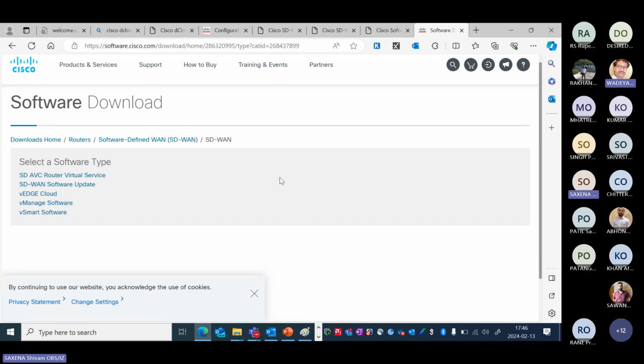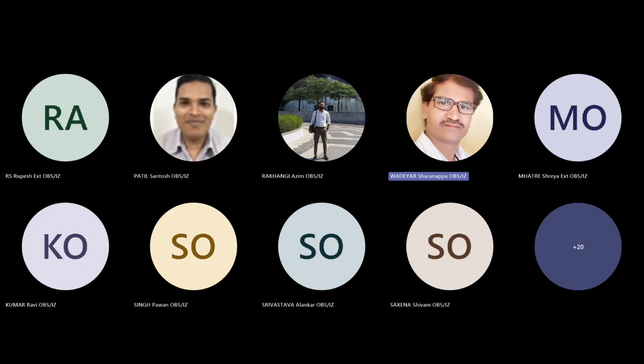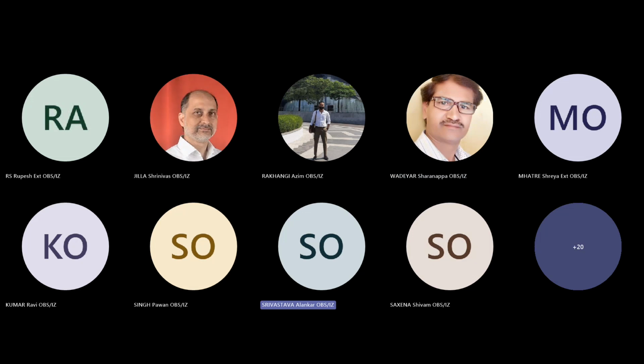Once you log in, you will get this. That is Cisco Software Central, right? Yes. Shranappa, here you can check on the Cisco portal, but generally the Cisco vendor sends notifications to customers that they discovered a vulnerability in that product and an update is required, so you can plan for the update.